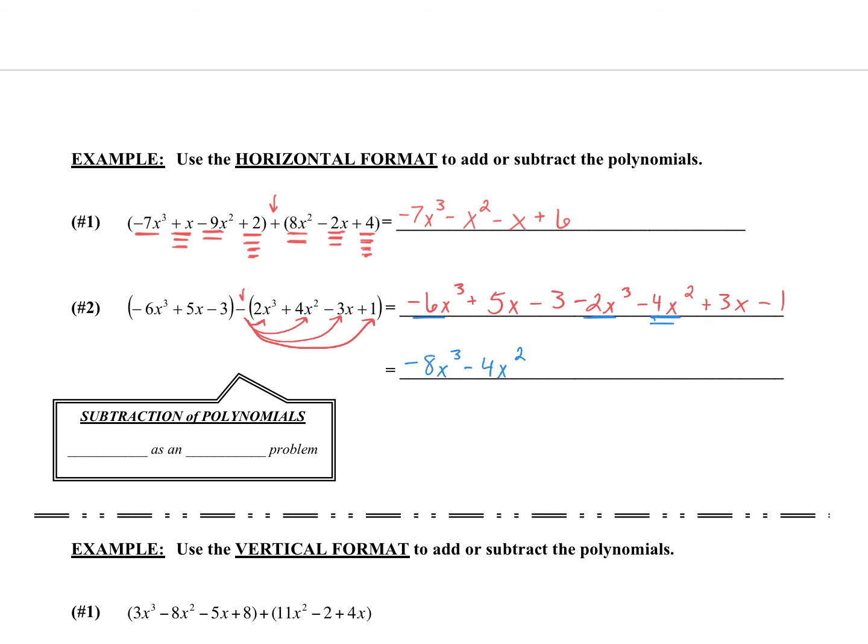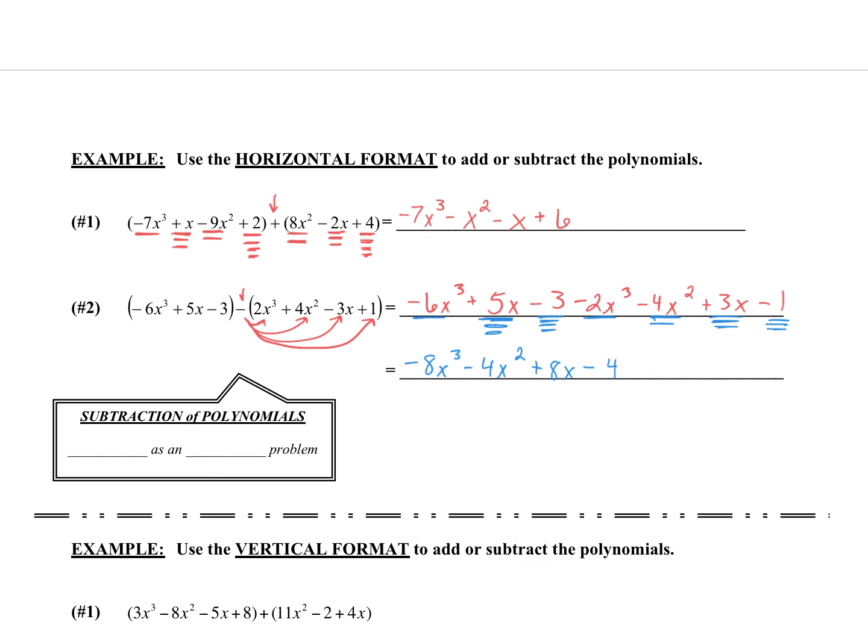And then my x's after that, so I have a positive 5x plus a positive 3x. So this is plus 8x. And then last I have my constants. So I have negative 3 minus 1. That's going to give me negative 4.